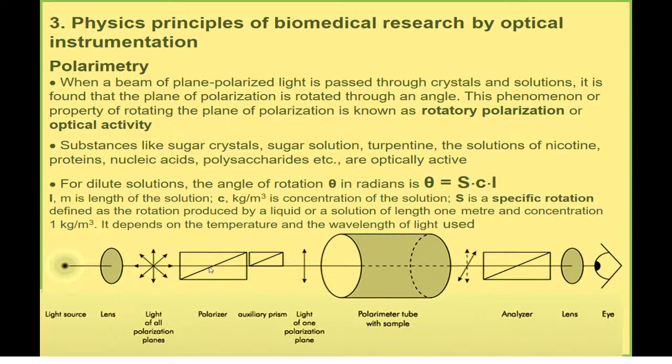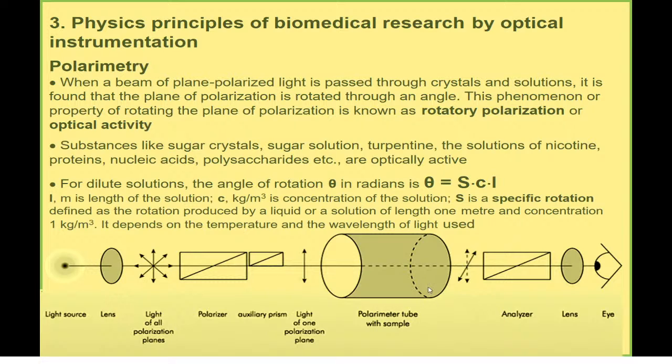It goes through the polarizer, and after that it becomes polarized. Only one plane of vibration of the electric field is chosen, and all vectors are oscillating in that plane. It is the plane of polarization.